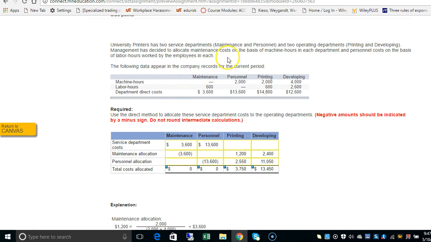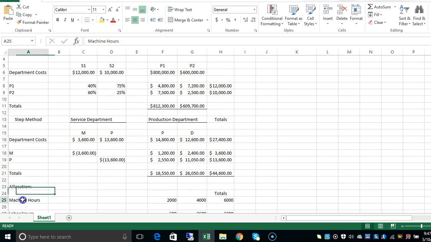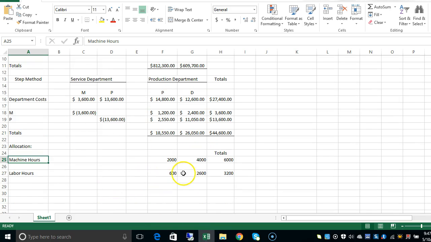Management has decided to allocate maintenance costs on the basis of machine hours, so the maintenance department here will be allocated based on machine hours, and personnel costs on the basis of labor hours. So I've put them in the matrix.